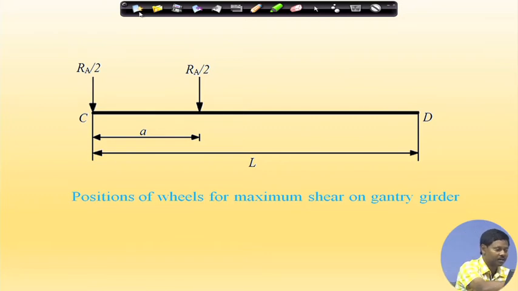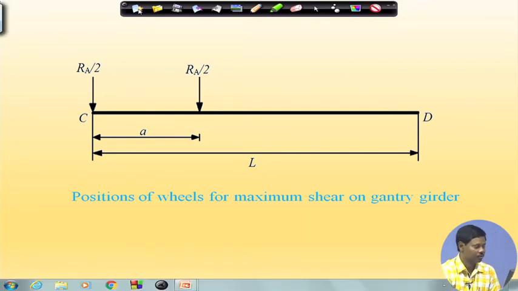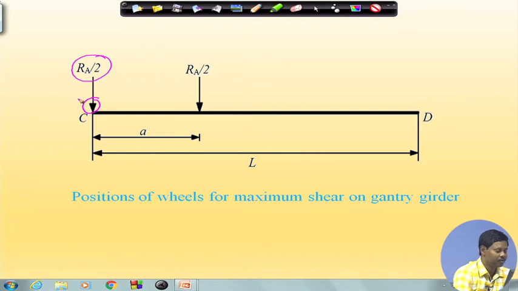Again, maximum shear also can be developed. That is possible if one of the wheels is positioned at the support of the gantry girder, right. So, the maximum reaction we are getting for this is R A by 2 and another is proportionate, right.